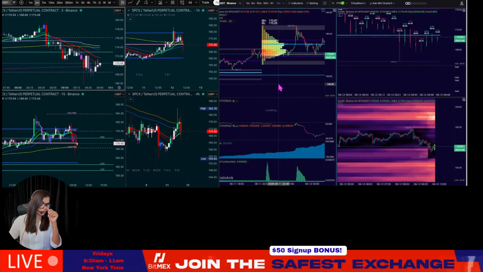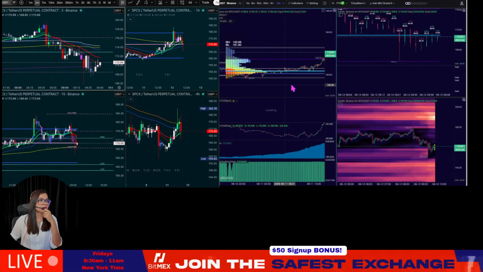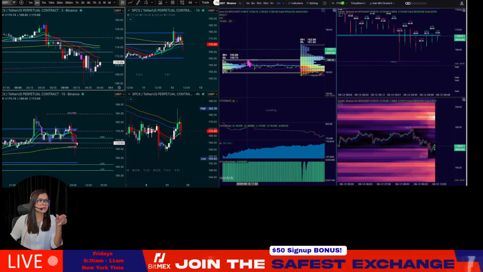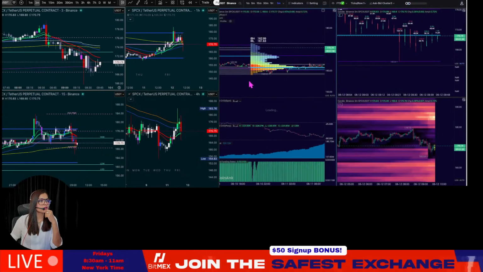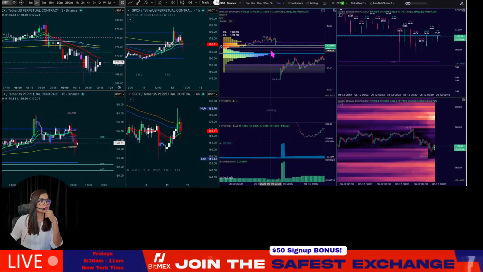Another great thing I like to look at is the point of control from previous days. Each TPO session is a different day. When it's a downtrend, the point of control is lower on each session, lower and lower. When it's an uptrend, the point of control is higher and higher until it stops going higher.